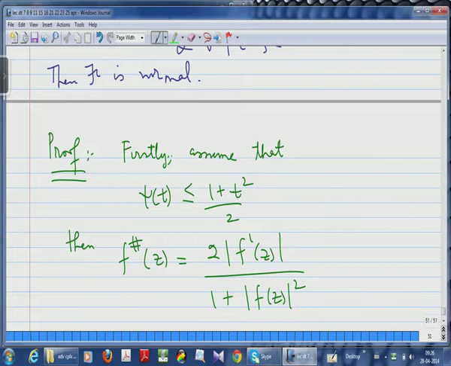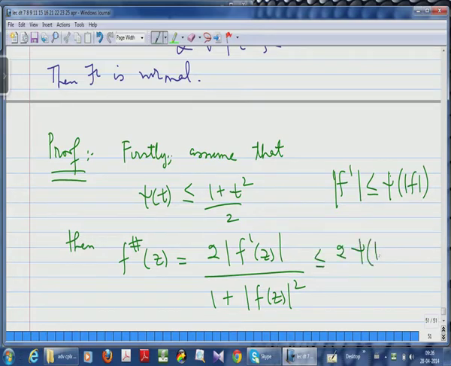So now you see the condition is that mod f dash is supposed to be less than or equal to psi of mod f, okay. This is the condition in the theorem. So I can write this is less than or equal to 2 psi of mod f divided by (1 + mod f) the whole squared, alright.